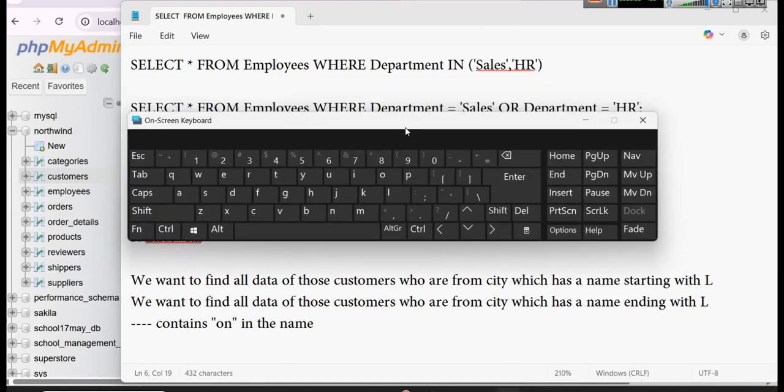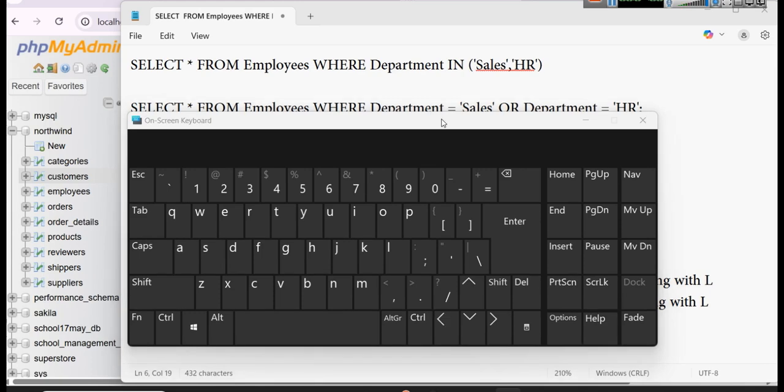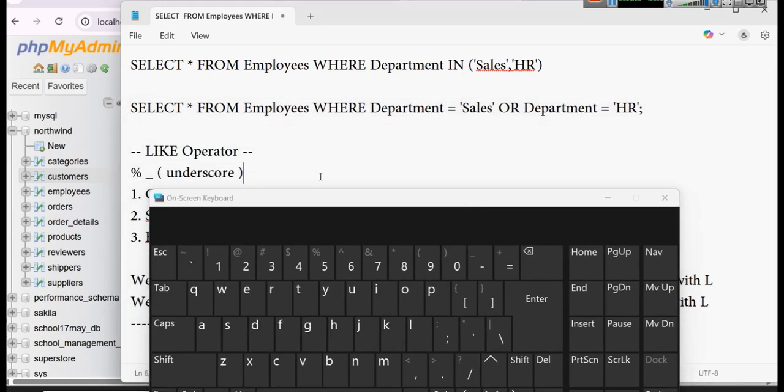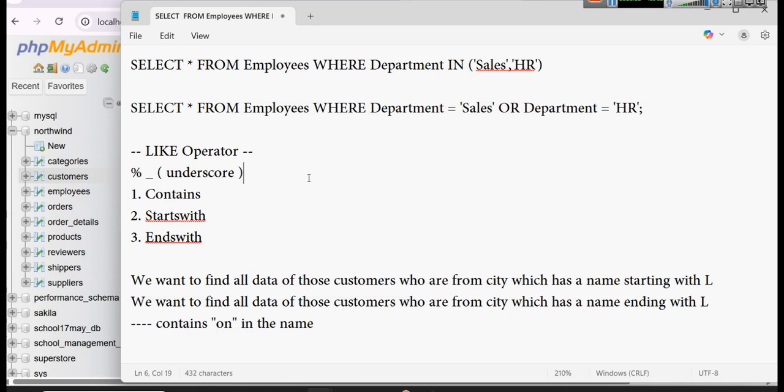On the on-screen keyboard you can see this one is dash; if I press shift and press this, it is underscore. So we are going to use these two signs.